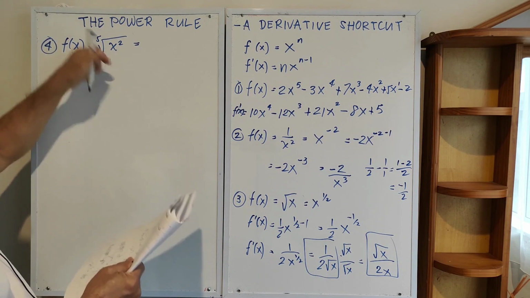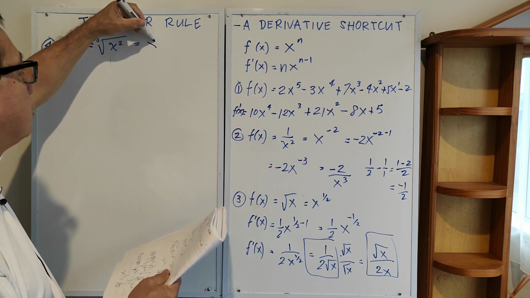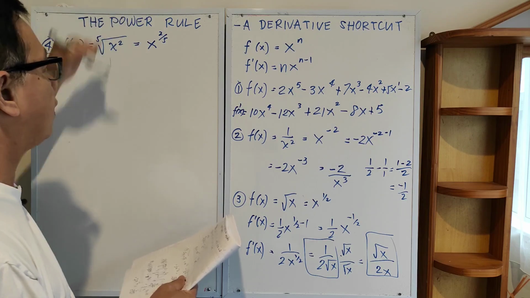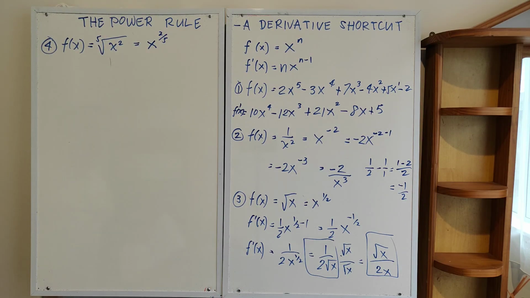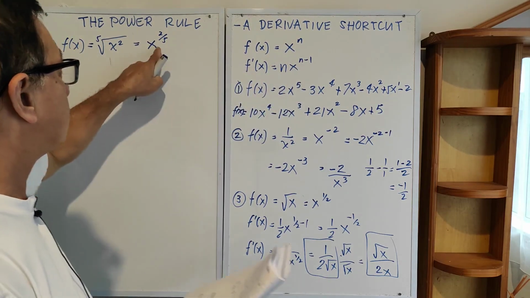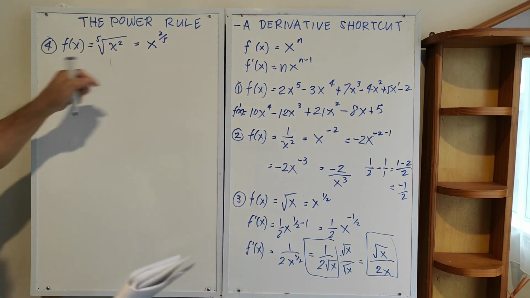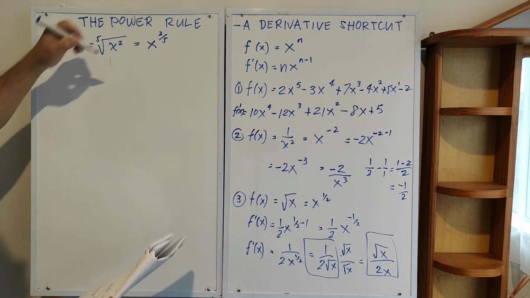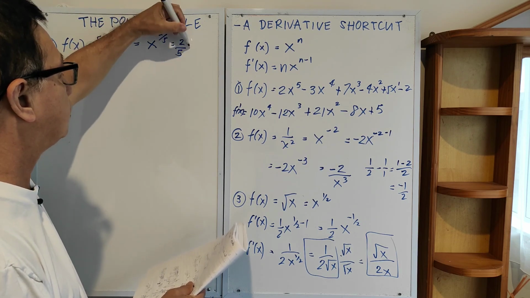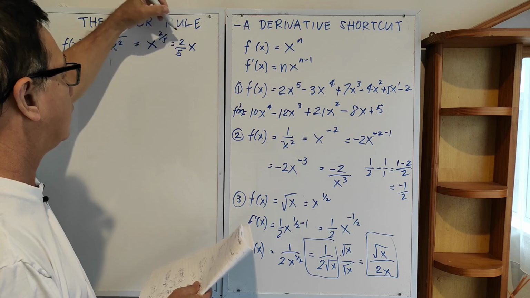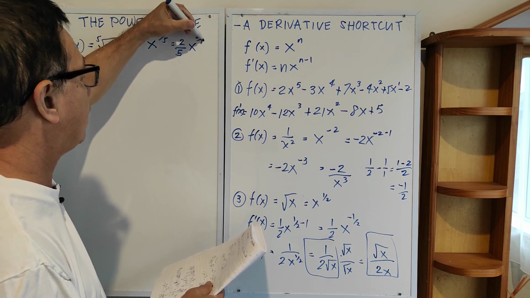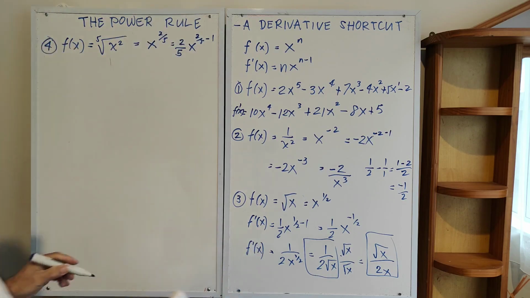If you convert this into a fractional exponent, this one becomes x to the 2 over 5. So using our formula, the 2 over 5 goes in front of x, so that will be 2 over 5 times x to the 2 over 5 minus 1.